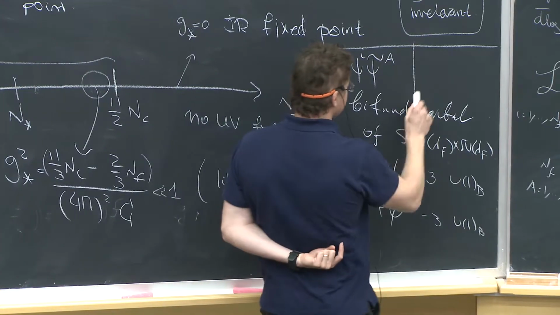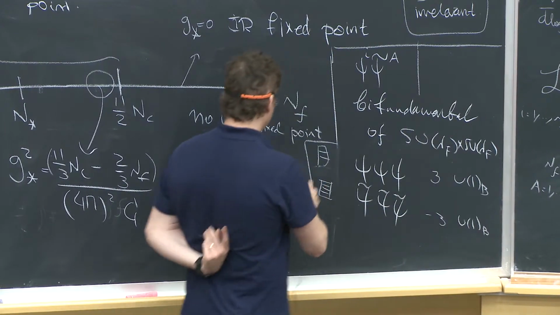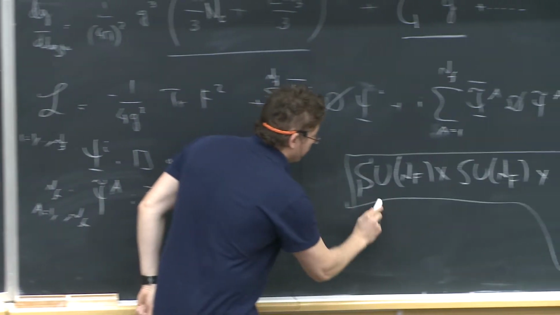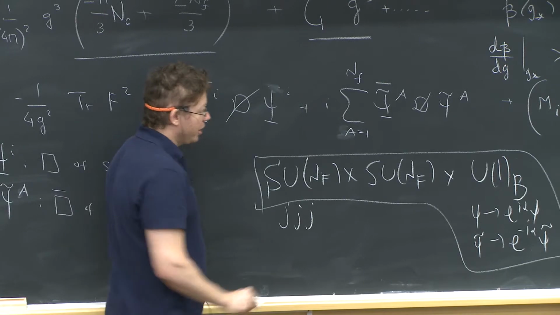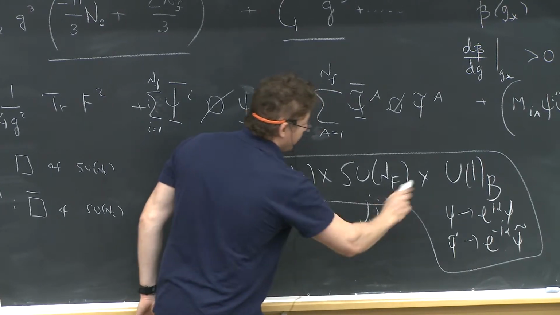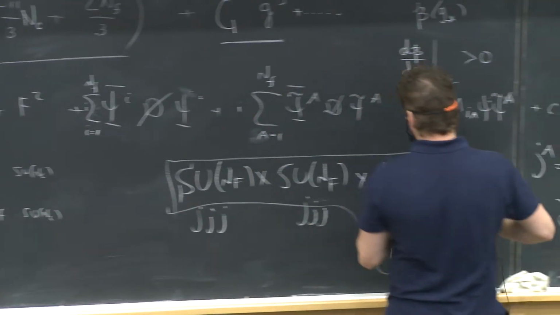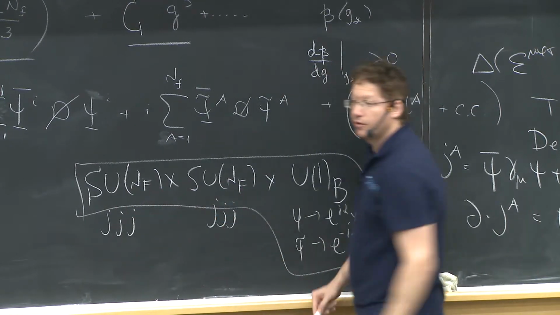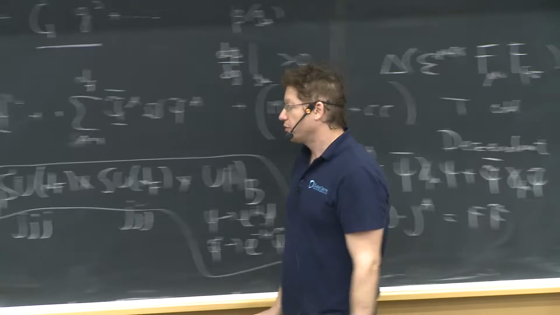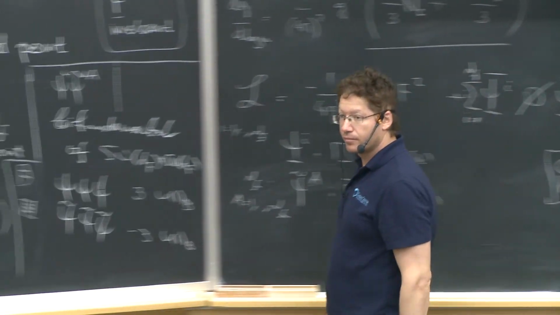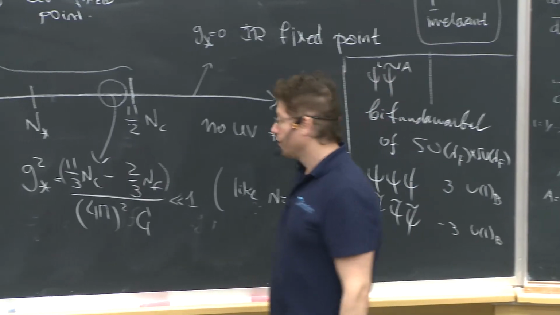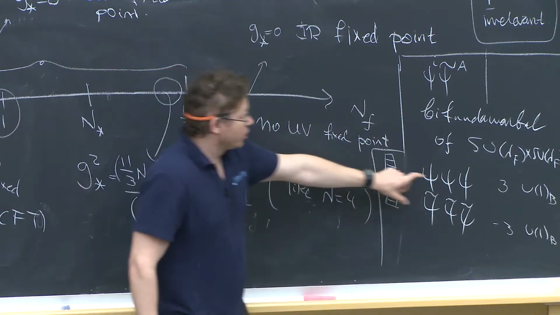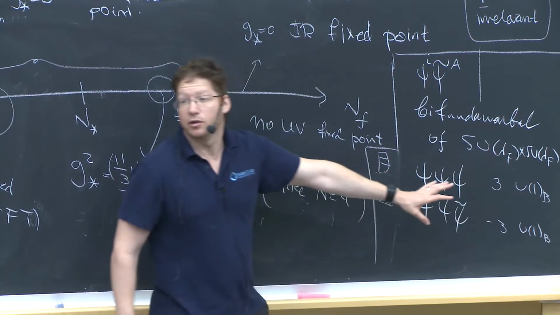There is an SU(NF) times SU(NF) symmetry, and we know the OPE coefficient of the JJJ, and some OPE coefficients like J of the baryon, JJ of SU(NF), and so on. So lots of OPE coefficients are also known, and they also depend on NC, linearly sometimes. So you can throw in these OPE coefficients, or you can ask what is the first operator that carries charge under U(1) baryon. That depends directly on NC.